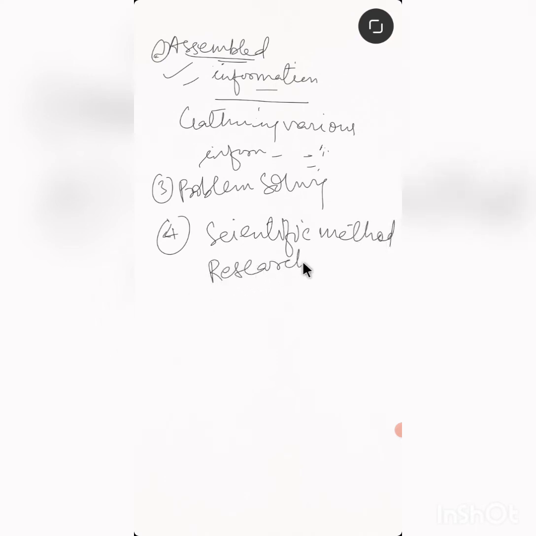So ultimately we need to discuss, and we are discussing research only. Ultimately we have to discuss research because this is the basic of research, and under the basic of research I'm starting from the very beginning, like why research is needed, how research is originated, and in which method research comes.